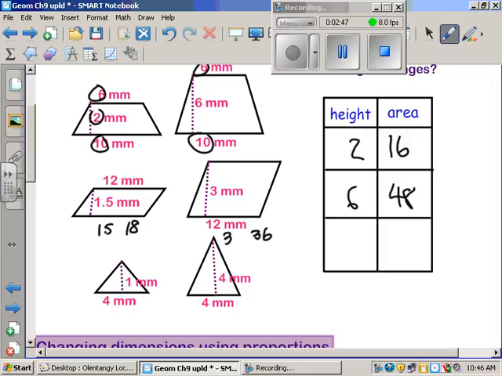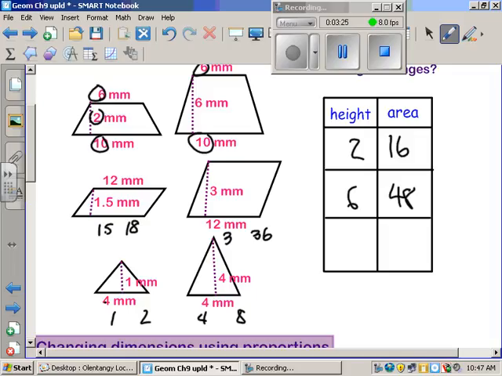Or one more example, a triangle, 1/2 base times height. A half of the base is 2, times height is 1. So if the height is 1, the area is 2. When I quadruple the height, I have 1/2 base times height, so 1/2 of 4 is 2, and 2 times 4 is 8. So when the height is 4, the area is 8.